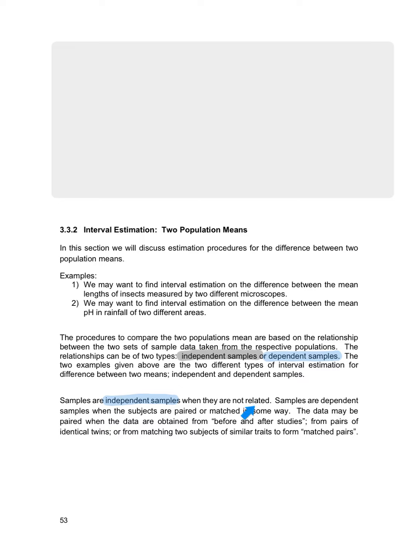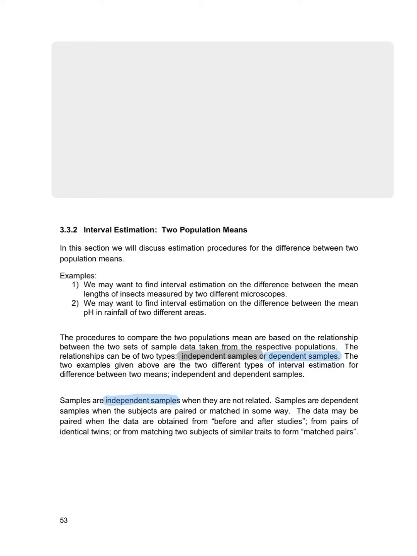For example, for independent samples, let's say population 1 is male students and population 2 is female students. Let's say I want to see whether there is any difference in their CGPA. So I measure from males and I measure from females.